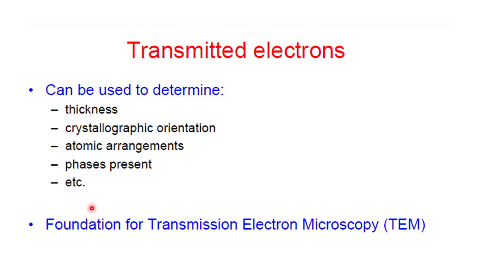Anyway, it is the transmitted electron. So we are detecting the electrons passing through the sample. After the penetration, we capture those transmitted electrons. Of course, we can use them to determine the thickness, crystallographic orientation, atomic arrangement, phase present, etc.